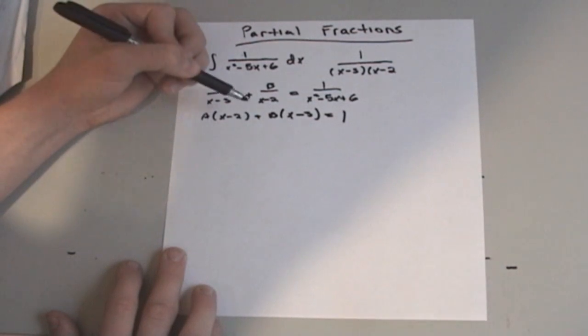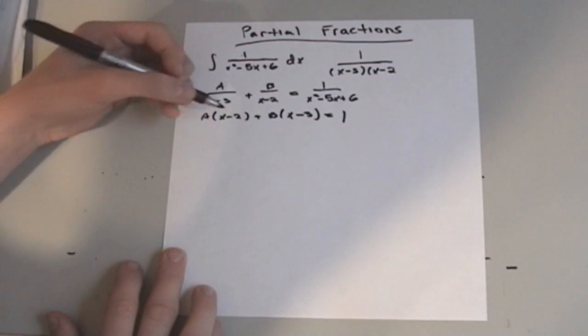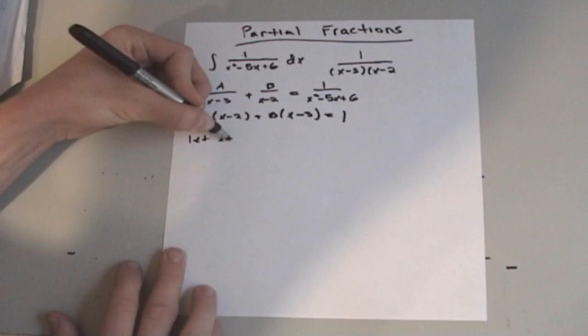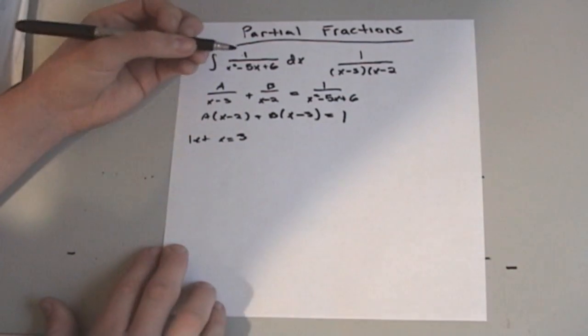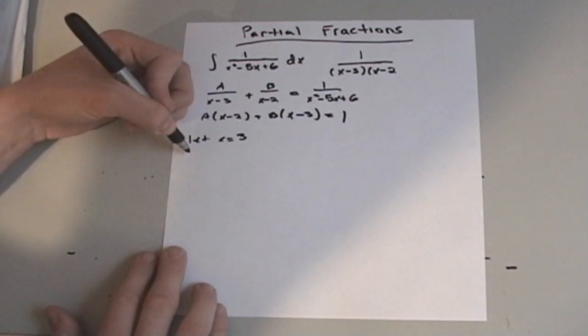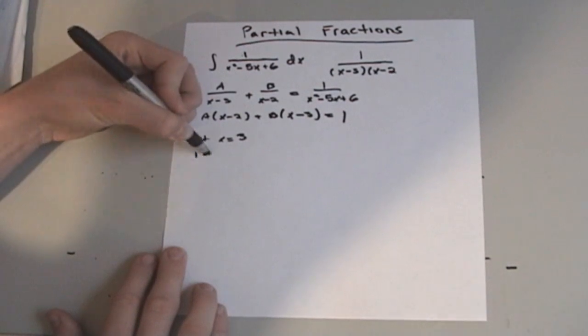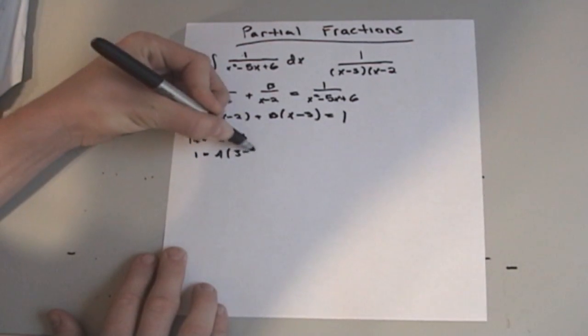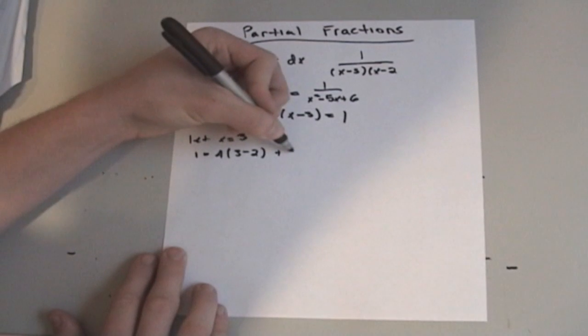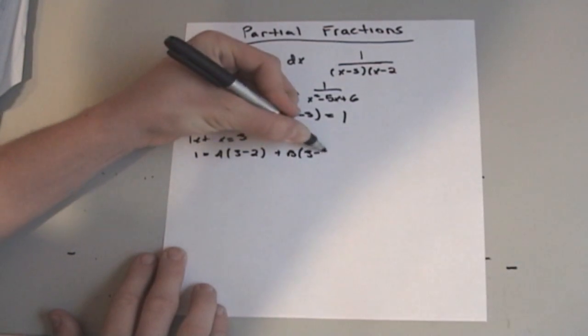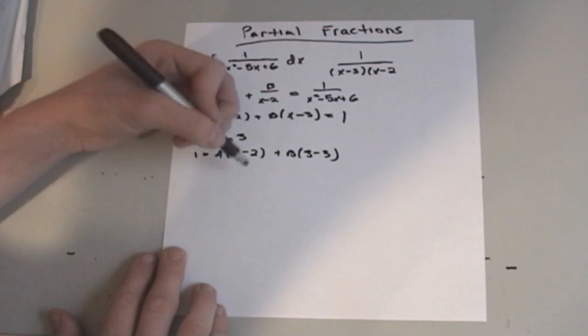And to find out A and B, first we're just going to let x equal 3, and this is going to cancel out the B. So we get 1 equals A times (3 minus 2) plus B times (3 minus 3), which is just going to equal 0.